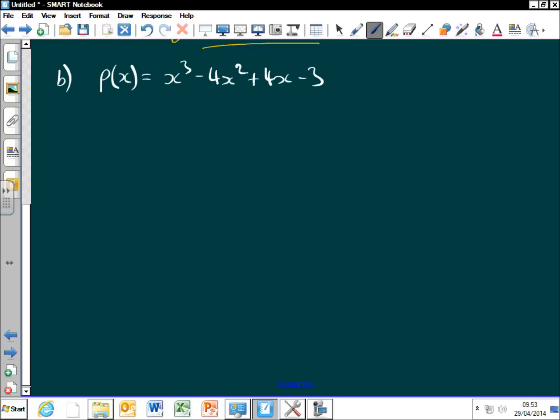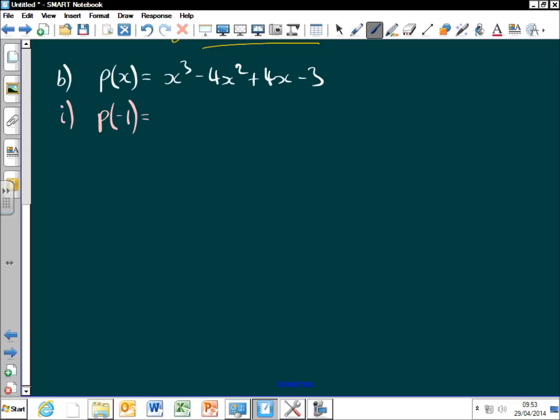And it says find the remainder when it is divided by x plus 1. So I'm going to use the remainder theorem here for part I. And it says when it's divided by x plus 1, that means that if I just sub in minus 1 into there, I will get the remainder.